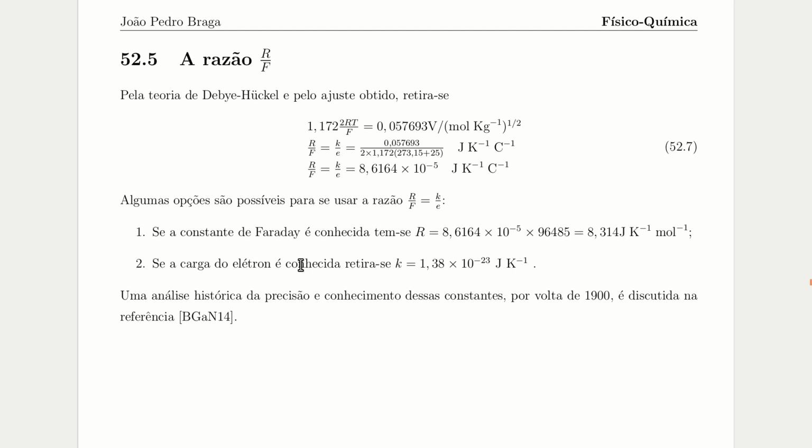If I knew the electronic charge, I got the Boltzmann constant equal to that, which is very good. But deciding which constant we are going to use here is not the subject of this lecture. You have to go to the historical facts and analyze it. As I said, it's just a side remark on the subject.